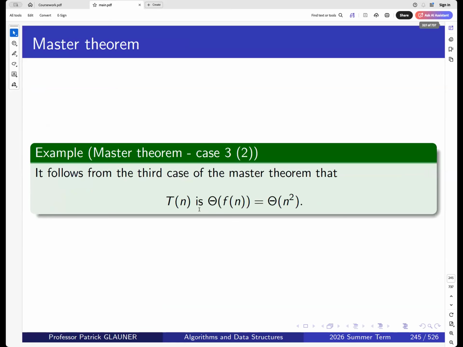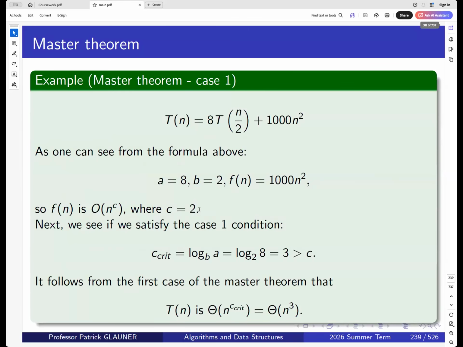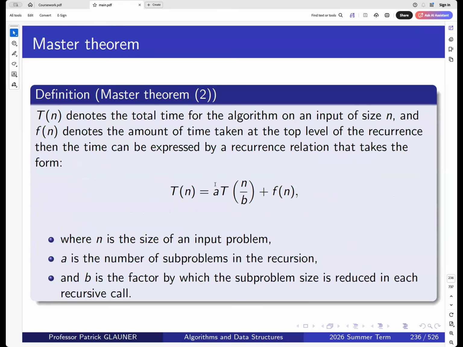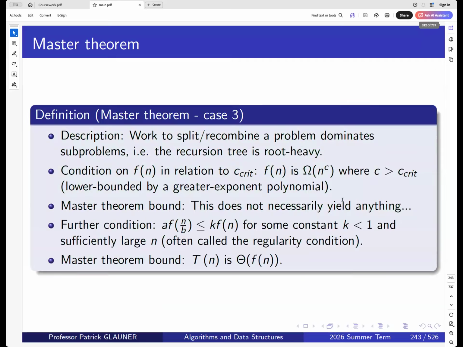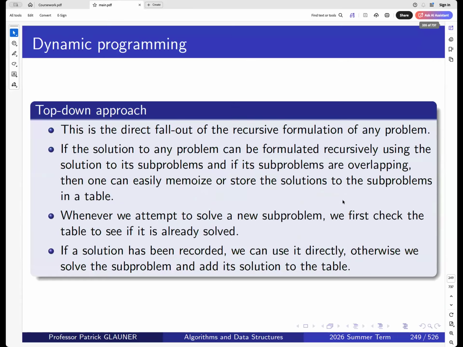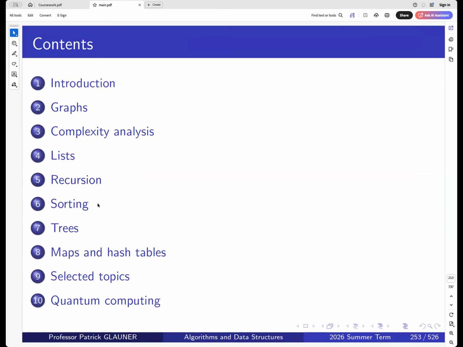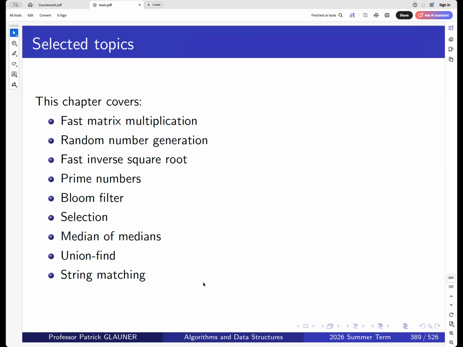And also one note on the master theorem. The master theorem is something really cool, but we see it's only applicable to problems that are described by such a pattern here. There is an extension or generalization of the master theorem, and that extension I have added to the course this year. However, it's not in the recursion chapter, but in a couple of weeks, we'll get to the selected topics and we'll discuss an algorithm that is called the median of medians.